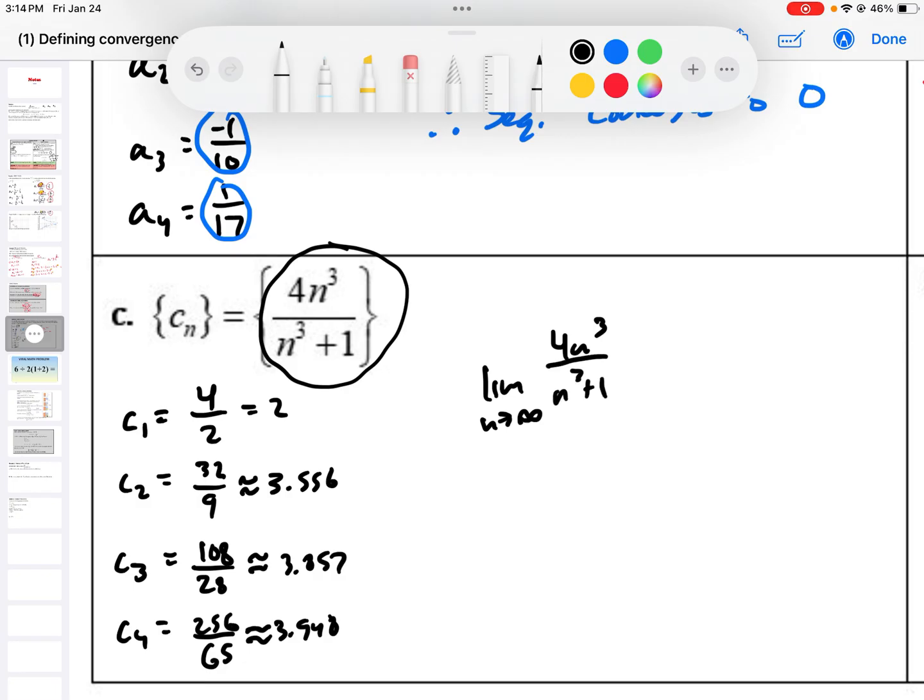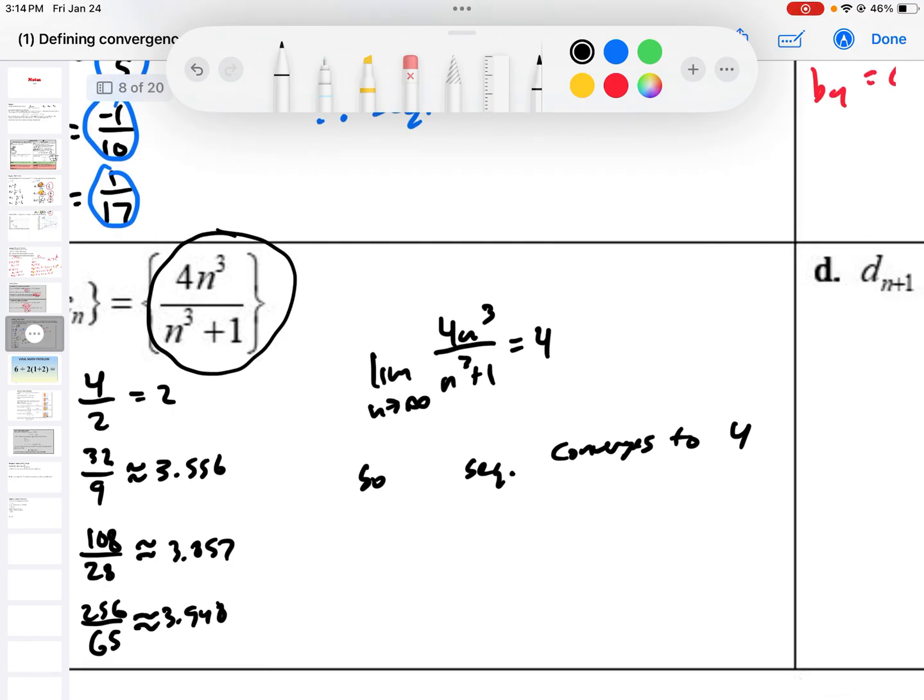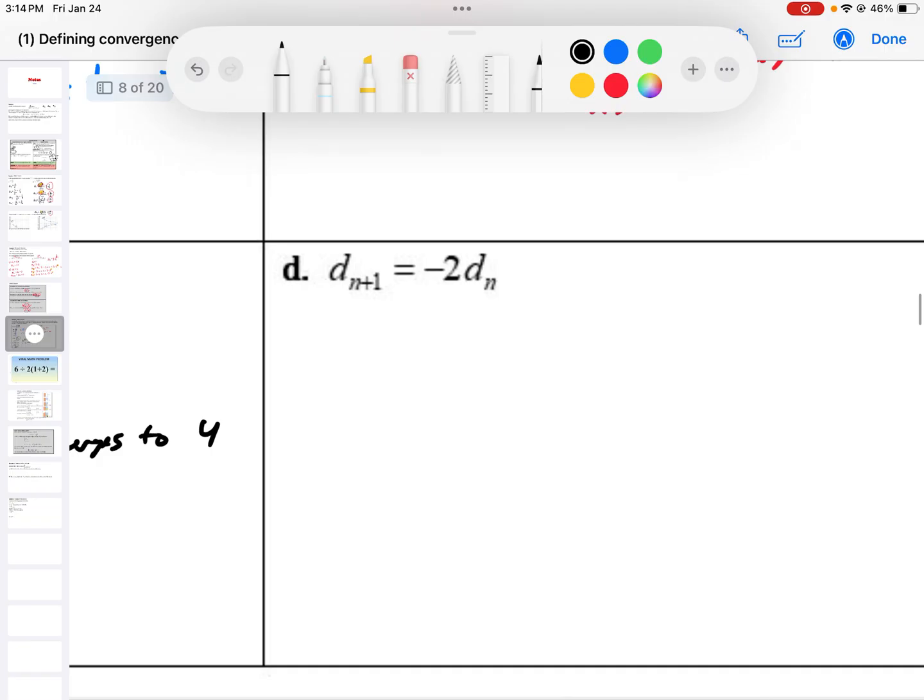So I'm going to say the limit of this approaches 4. So the sequence converges to 4. All the terms later on in the sequence are going to get closer and closer and closer to 4.